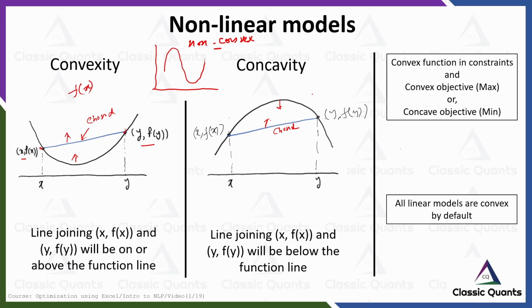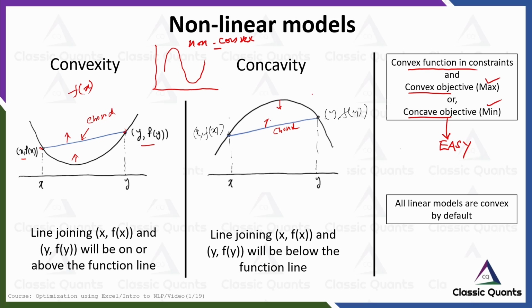So if the functions in the constraints are convex, and the objective is also convex for a maximization problem or concave for a minimization problem, then the method of solution becomes easy for the solver, and there is a high chance that you can get a global optimal solution. But still there is no guarantee of getting a global optimal solution.